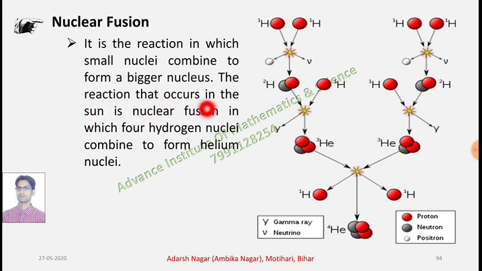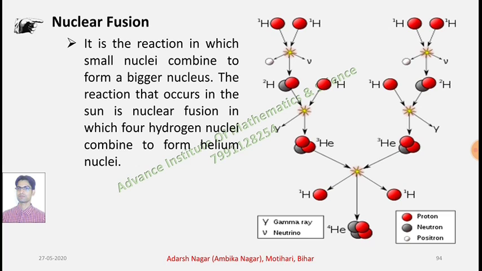The reaction that occurs in the sun is nuclear fusion, in which 4 hydrogen nuclei combine to form a helium nucleus. We get lots of energy from the sun in the form of heat and light, and in the core of the sun, nuclear fusion reaction takes place.